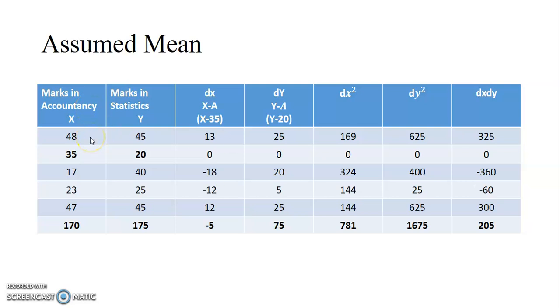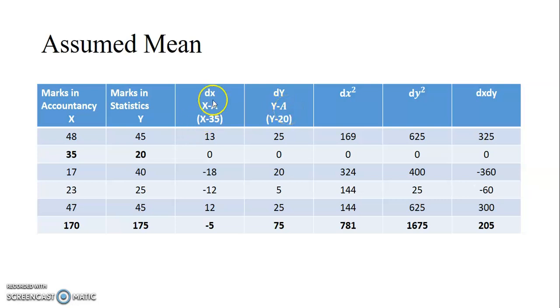Now for the assumed mean, we assume any one of the values of the variable as the assumed mean. Now I assume 35 as the assumed mean of x, and 20 as the assumed mean of y. So dx is nothing but x minus a, and dy is nothing but y minus a.